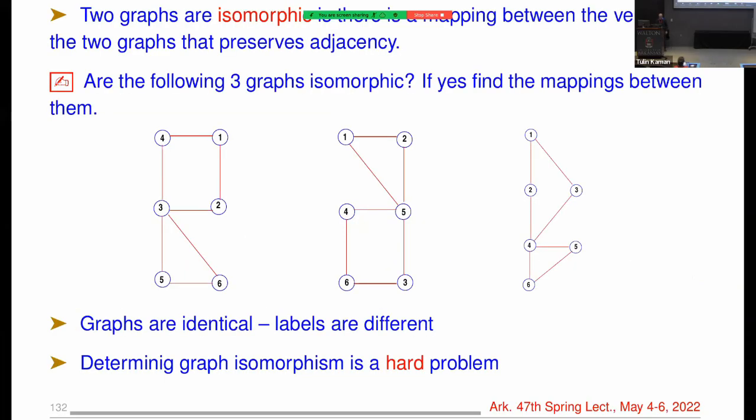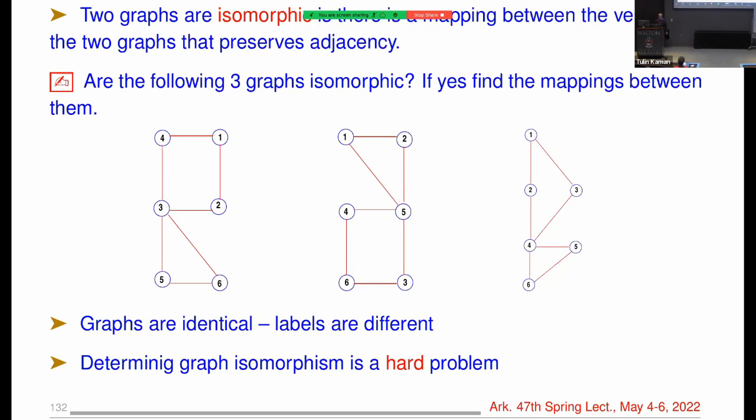Now, there's a notion of isomorphism. Two graphs are said to be isomorphic if you can map one to the other by a simple permutation, essentially a relabeling of the nodes. For example, these 3 graphs you can see are isomorphic. They look different because they're drawn in a certain way, but they are the same graph.